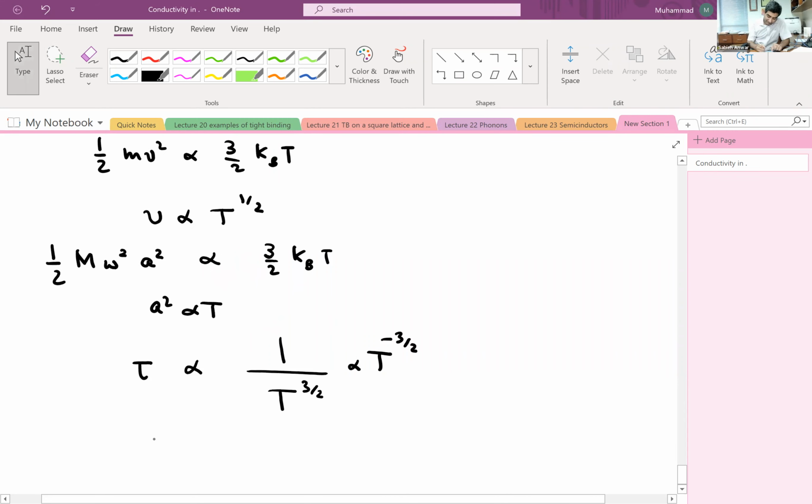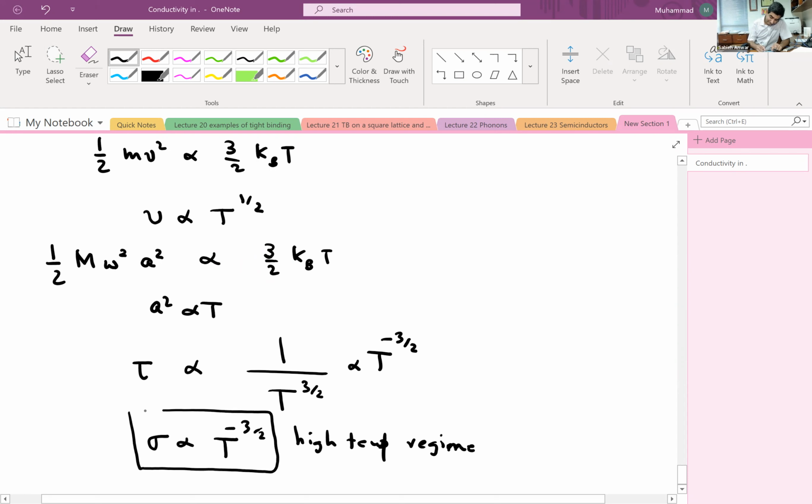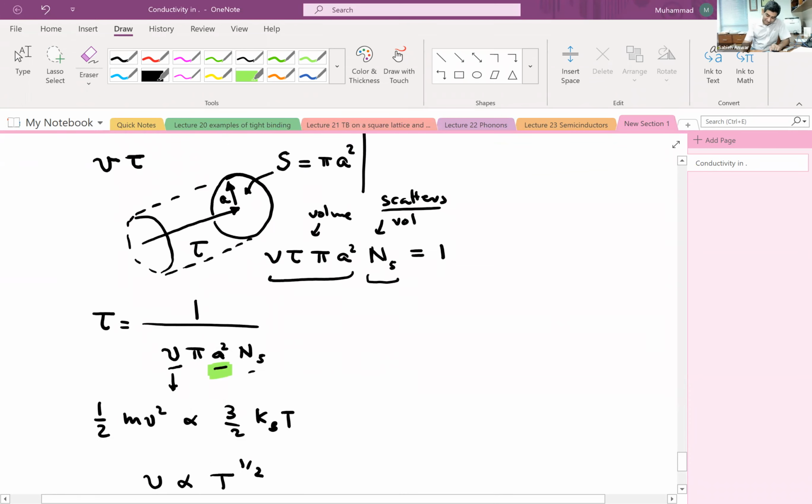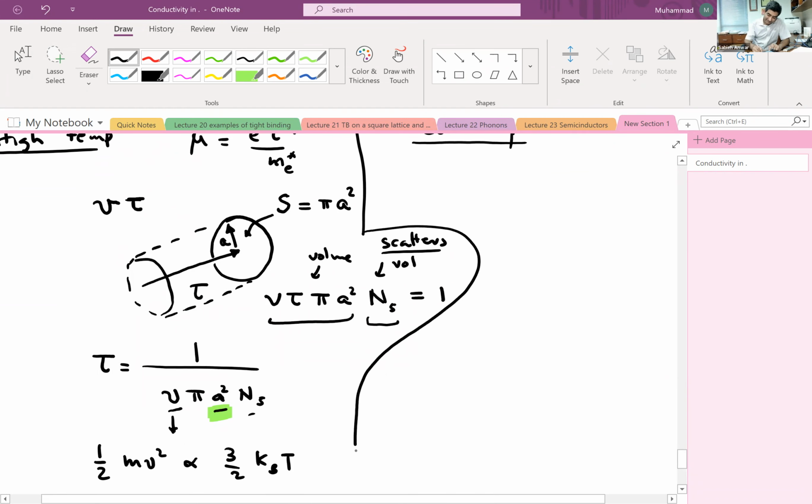So the mobility is proportional to T raised to minus 3 by 2 in the high temperature regime. Is that making sense? So it's not a simple linear dependence.